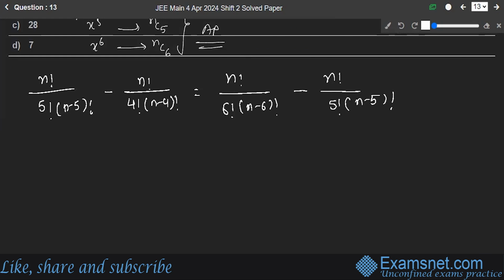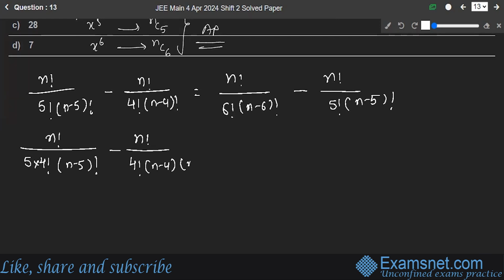Okay, so let's take out some things which can be taken as common. First of all, n factorial will go away from both the sides. Let's break it up first. So this is 5 into 4 factorial, and this is n minus 5 factorial, minus n factorial upon 4 factorial into n minus 4 into n minus 5 factorial is equal to n factorial upon 6 factorial.